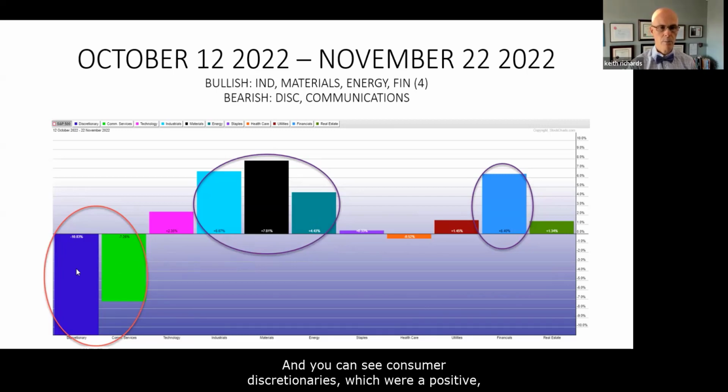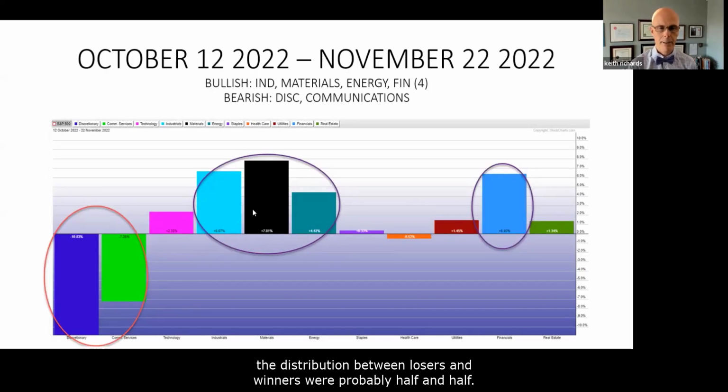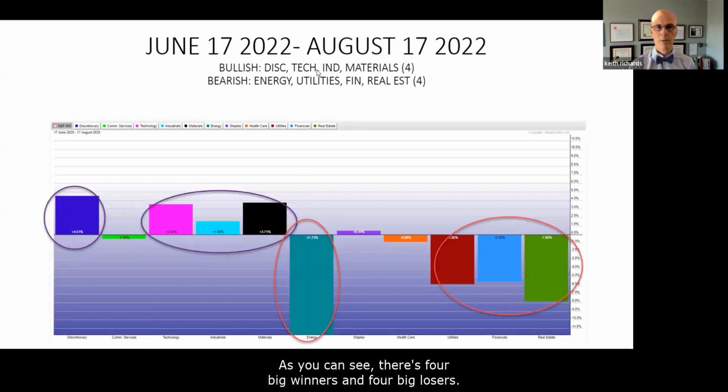And you can see consumer discretionaries, which were a positive, are the deepest loser of the group, followed by communications. But really, if you'll notice, the distribution between the losers and winners was probably half and half. As you can see, there's 4 big winners and 4 big losers.